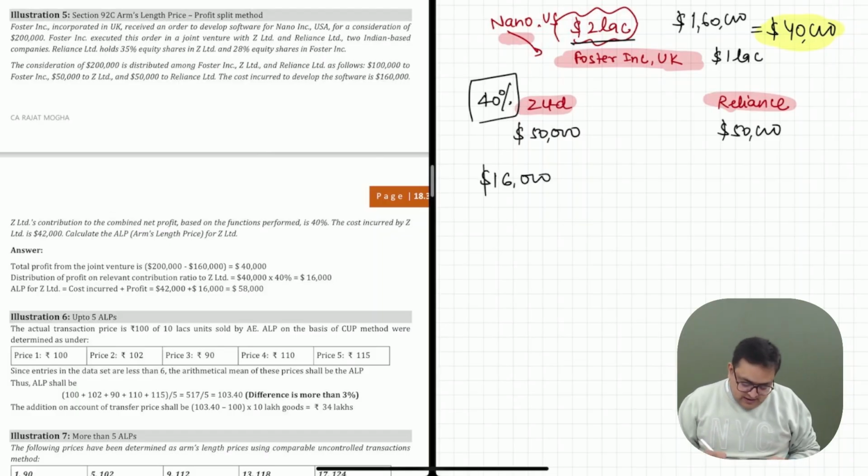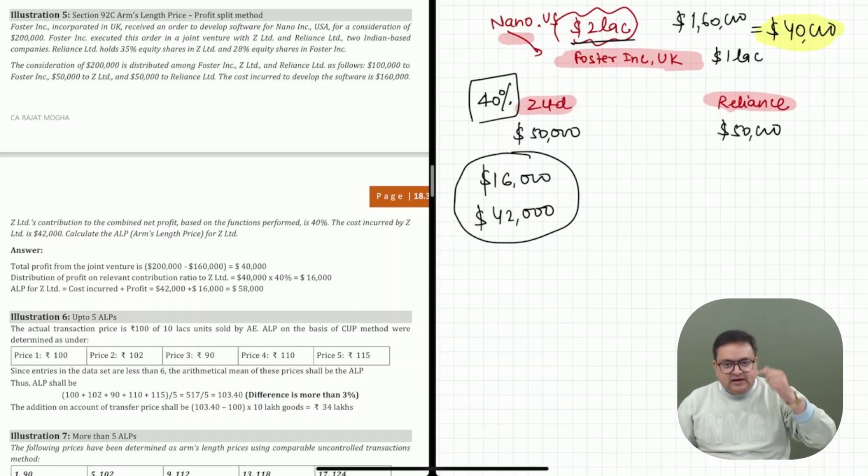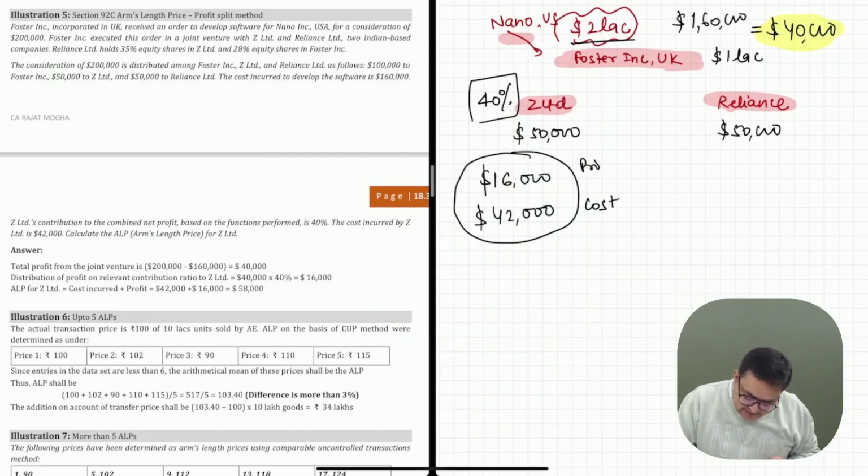Correct? And the cost we have incurred is $42,000. So please tell me what should be the arm's length price. Z Limited can say, boss, 42,000 is my cost, and I have performed 40% in this work, so I need $16,000 as my profit split.